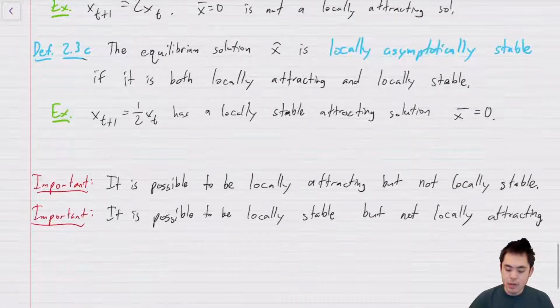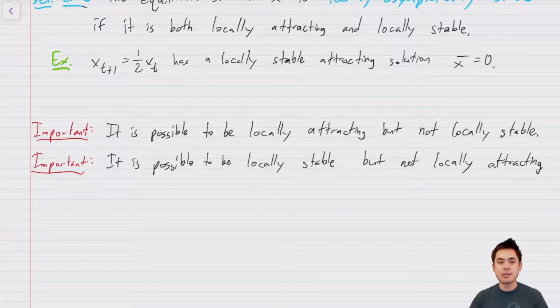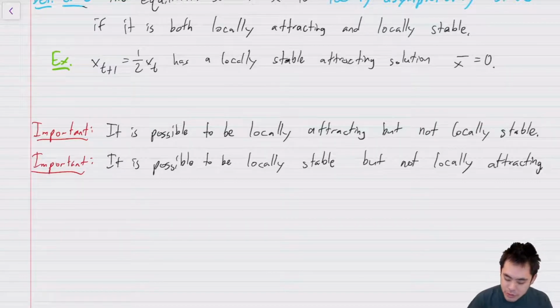Now, as I said, a very important note is that it's possible to be locally attracting but not stable. If I were teaching this class in person, I would take this moment and ask you if you can come up with any examples. Instead, I'm going to give you one of the examples from the book.